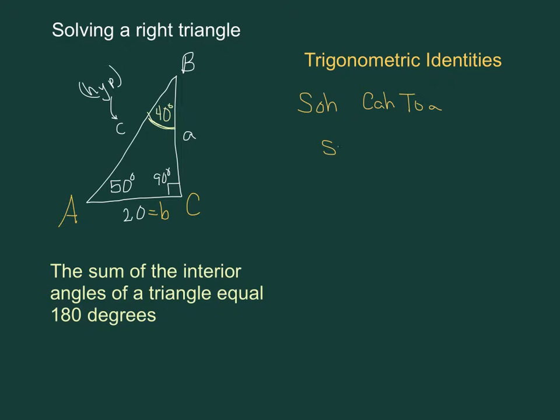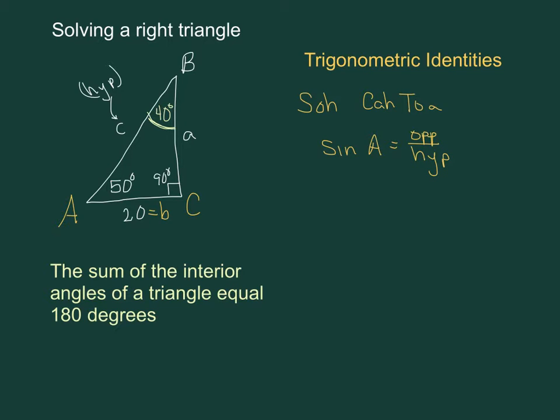SOH is sine of a degree equals the opposite side to that degree over the hypotenuse of the triangle.